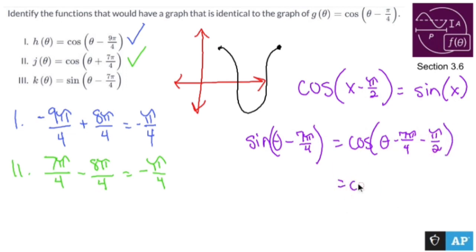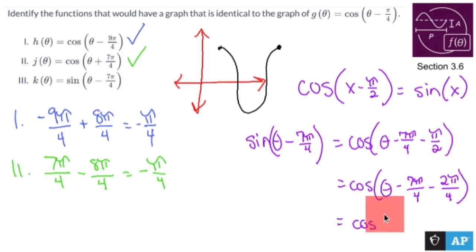I can rewrite this as negative 7 pi over 4, multiply the top and the bottom by 2 over 2, minus 2 pi over 4. And this gets me cosine of theta minus 9 pi over 4.